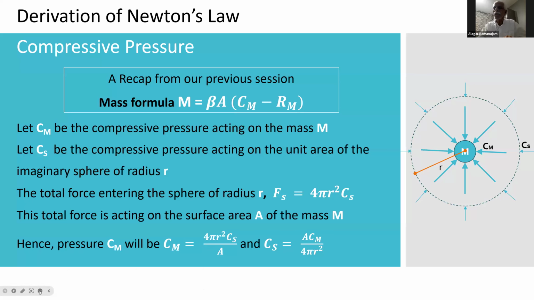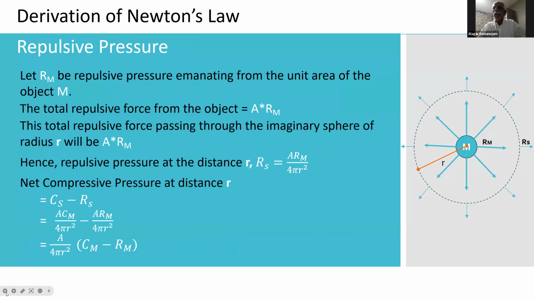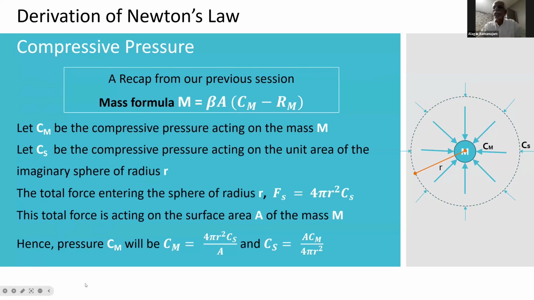ACm is the total force entering the sphere. ACm divided by the area of the sphere, 4 pi r square, is the pressure on the surface area of the sphere. So Cs equals A into Cm divided by 4 pi r square. This is one equation we get.